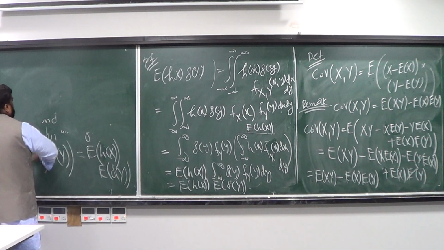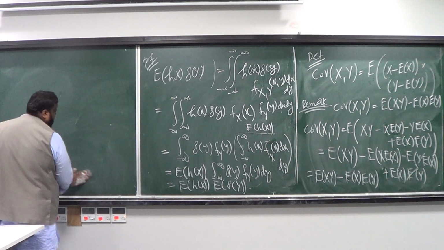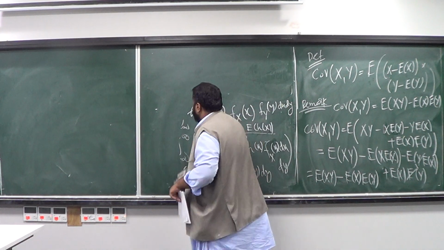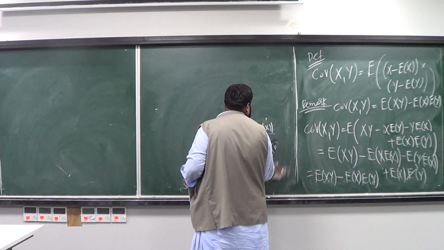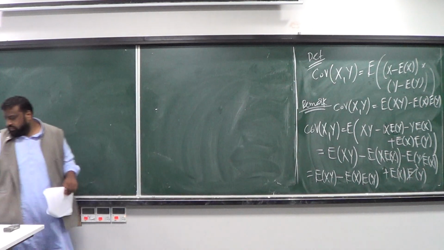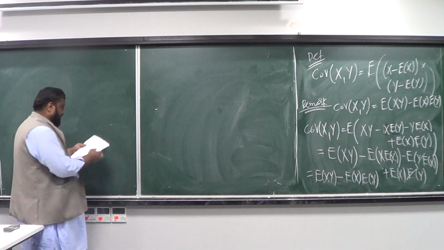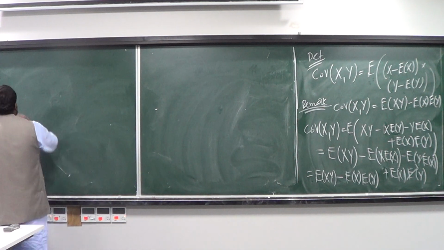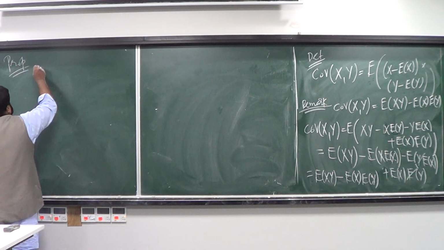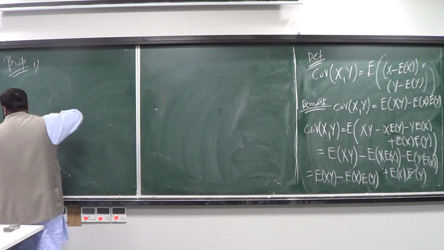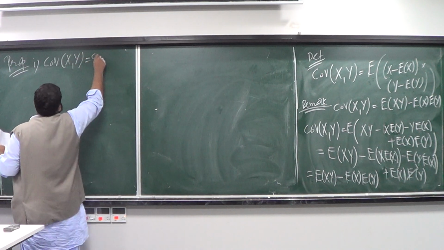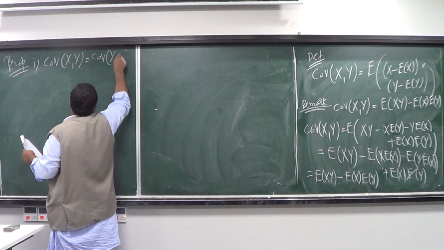Now let me write a proposition which is going to list some more interesting properties of the covariances. This is Proposition 4, which says that the following is true for the covariances. Covariance of xy is the same as the covariance of yx, which is true by definition.